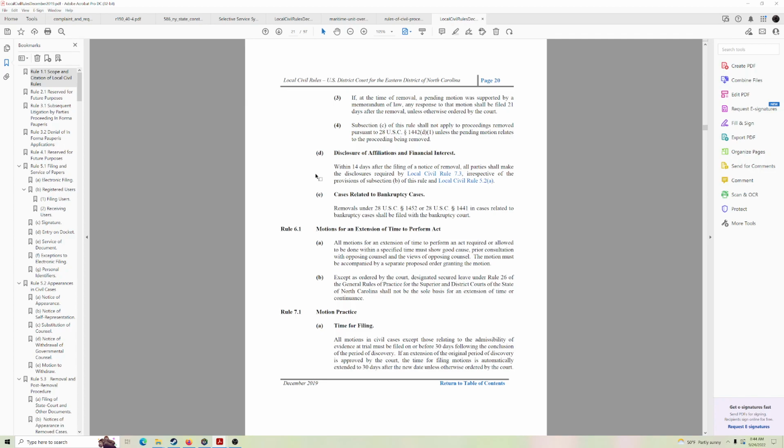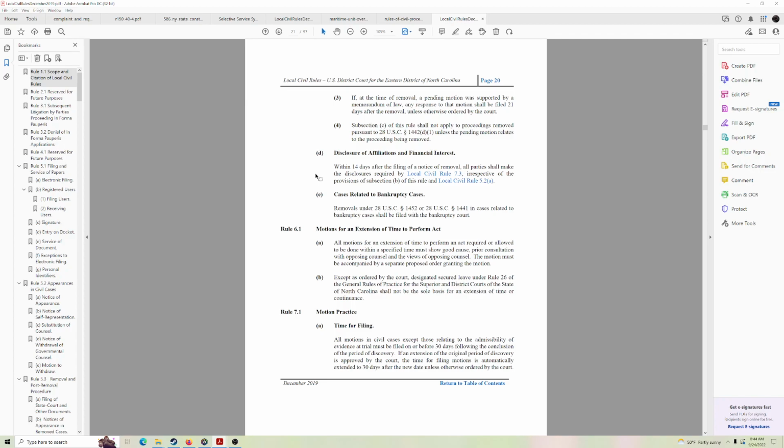Except as ordered by the court, designated secured leave under Rule 26 of the General Rules of Practice for the Superior and District Court of the State of North Carolina shall not be the sole basis for an extension of time or continuance. Rule 7.1 Motion Practice. A. Time for filing.